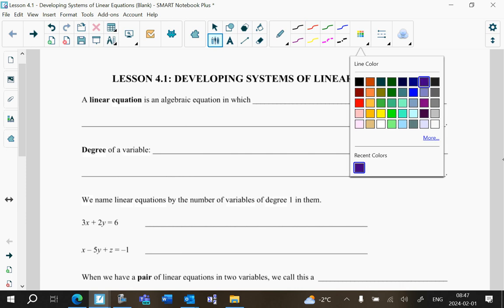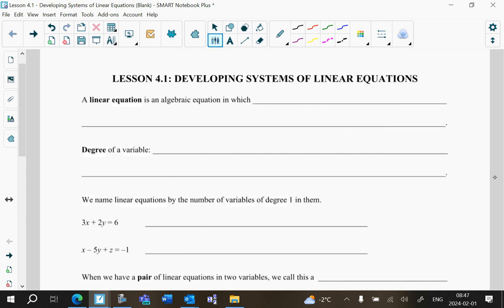So a linear equation is an algebraic equation in which the highest degree of the variable is 1. What do I mean by the degree of a variable?